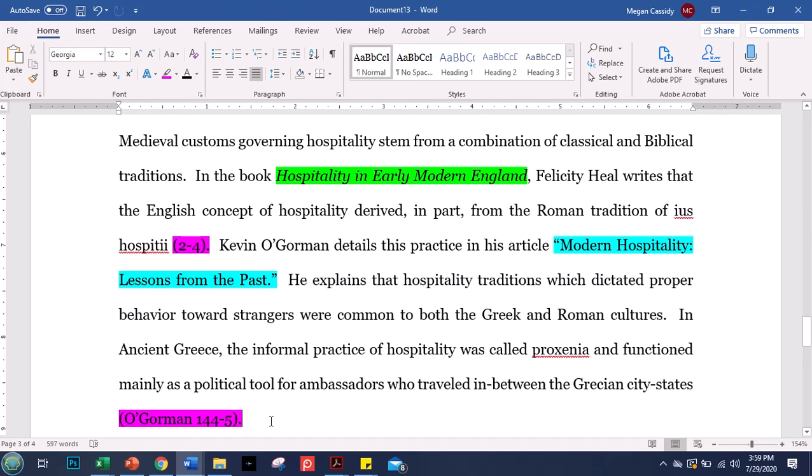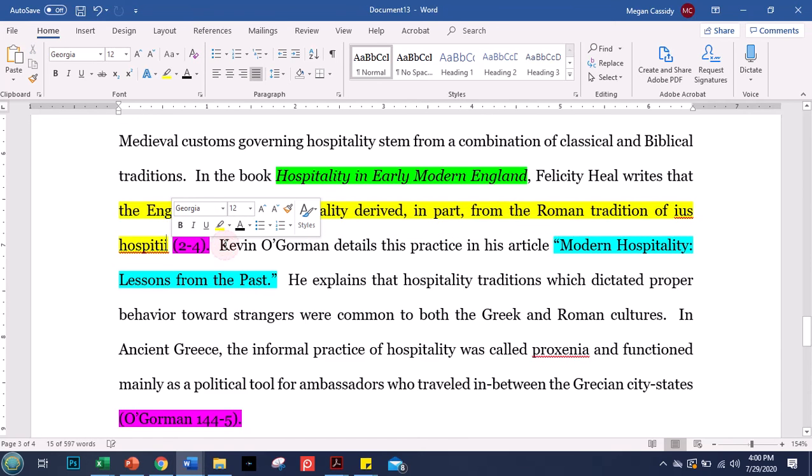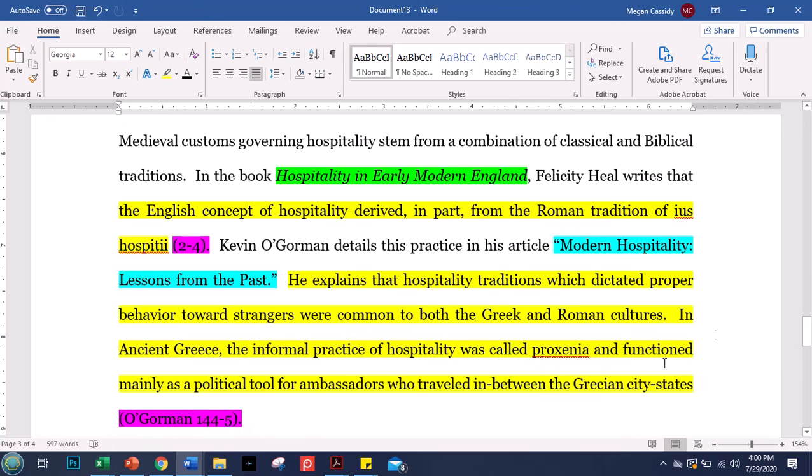The reason I chose this paragraph is because what's interesting is I don't have any quotes from either of these authors, but you will notice that I still have the citations. So what do I have instead? Well, I have writes that, and then I have this, and I'm going to put this paraphrase in yellow. Then I introduce this guy, and then I have he explains that, and then I have this paraphrase also in yellow.